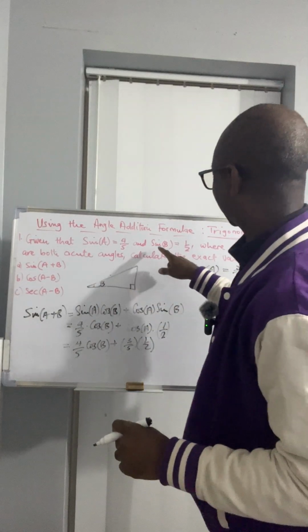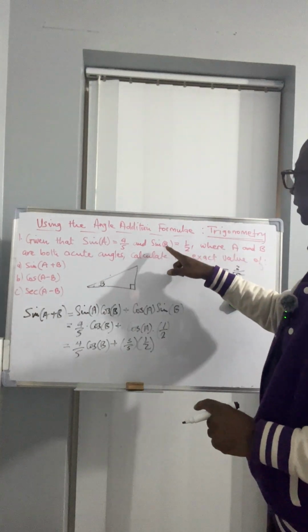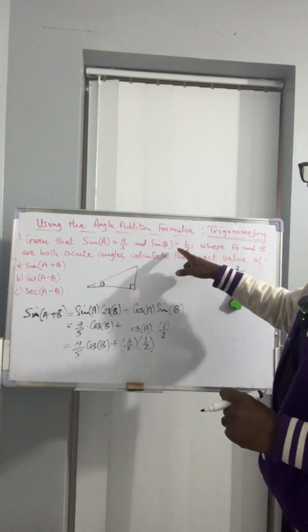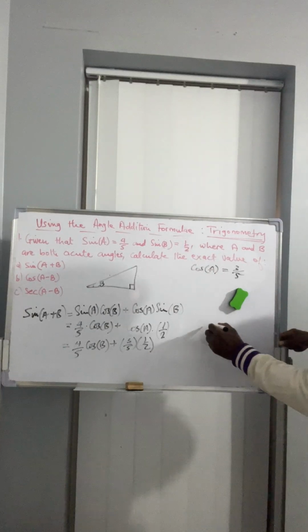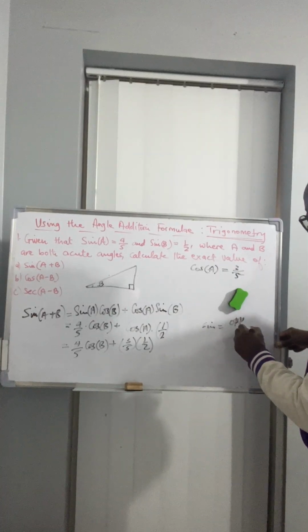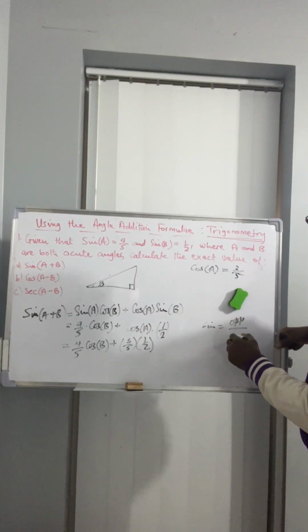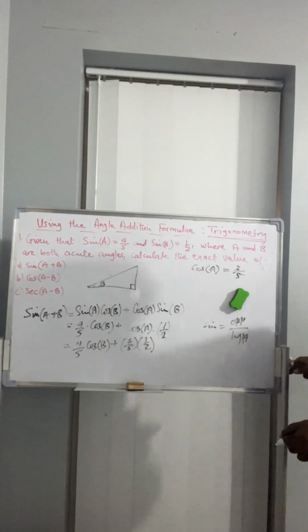So when you look at sine B, it says that it's equivalent to 1/2. So what is sine? Again, sine is the opposite of the angle in a right angle triangle divided by the hypotenuse side.